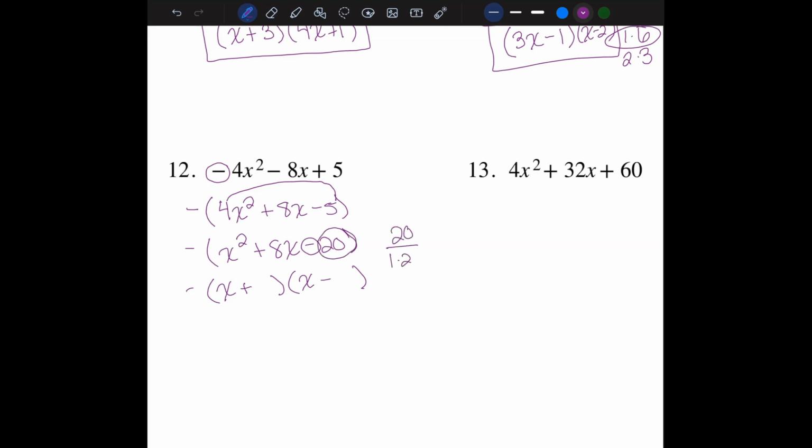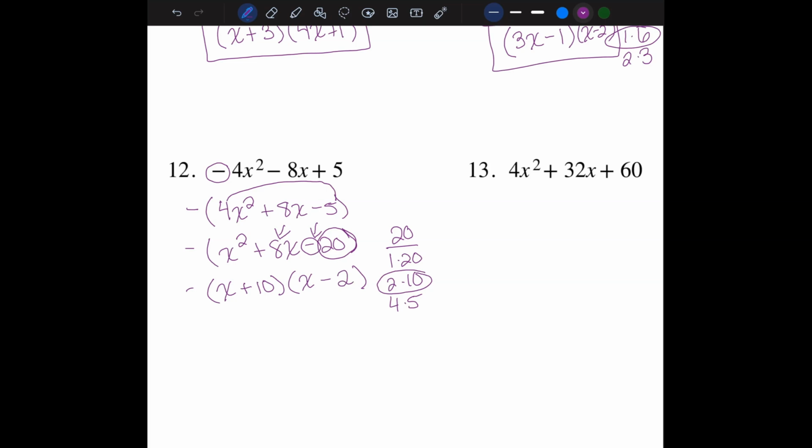So 1 and 20, 2 and 10, 4 and 5. All right, and they have to subtract to make 8. Well, I have 10 and 2, but I need it to be a positive 8, so that means my 10 has to be positive and my 2 has to be negative.